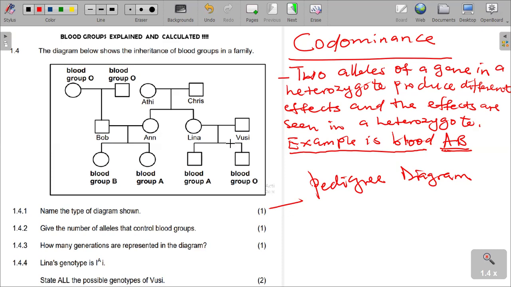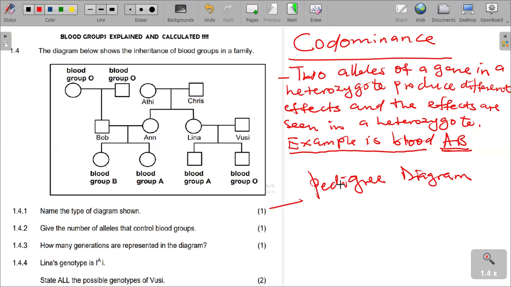It shows the possibilities of inheritance of conditions that can be inherited in a family. Like I said at first, there are horizontal lines and vertical lines that descend from a point where two are joined together.